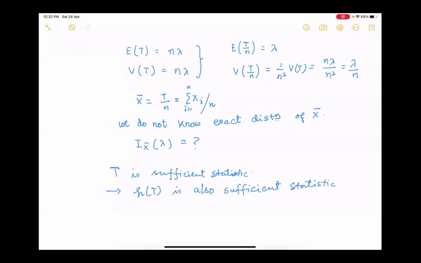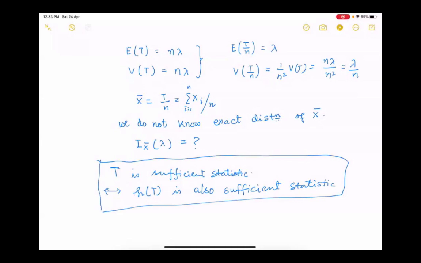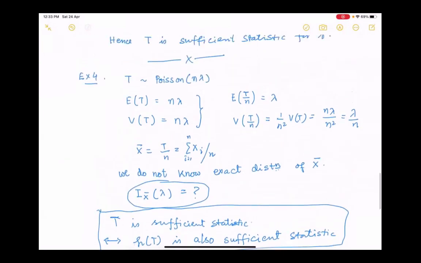Because I already have shown T is sufficient. If I can show that if T is sufficient, then H of T is also sufficient, say if H is a one-to-one function, if I can develop some result like this, then I'm done. I don't have to derive this separately and check.